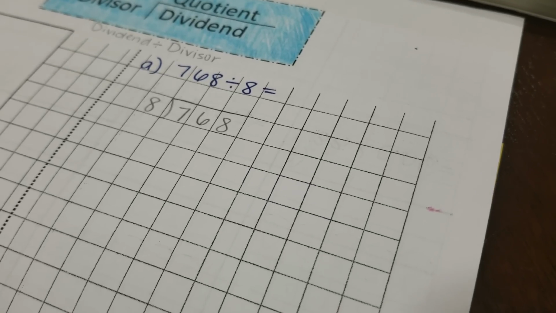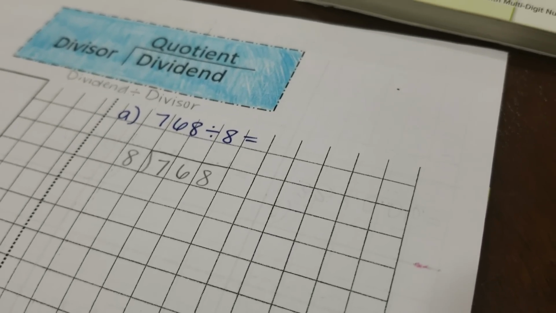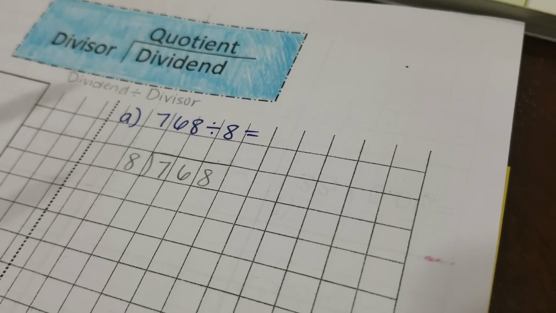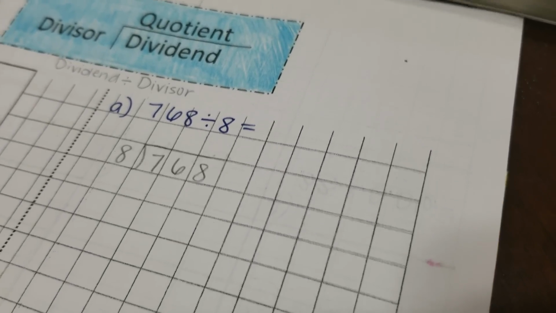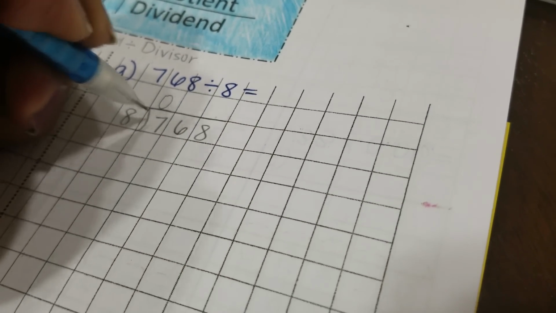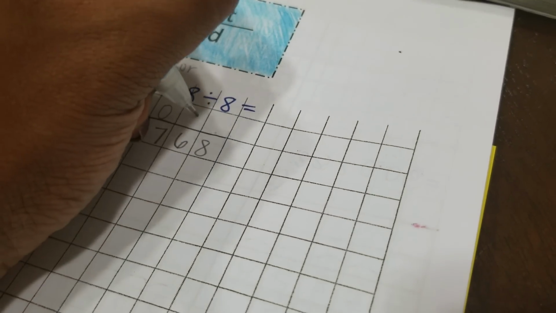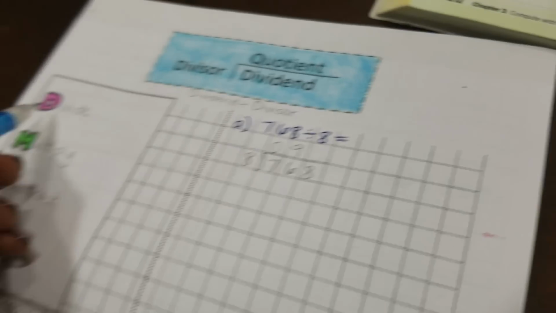Okay. So we have to know or be familiar with our multiplication facts to know if we can divide. So 8 does not go into 7, but we want to know how many times does 8 go into 76 without going over. In this case, it's 9 times, and that's the dividing part.